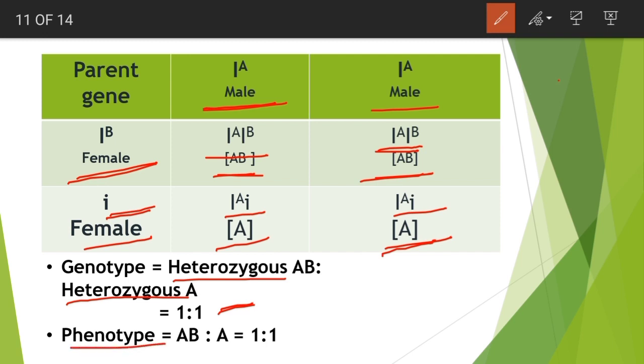And in the phenotypic ratio of AB to A, there will be a 50-50 chance of having AB blood group and A blood group.